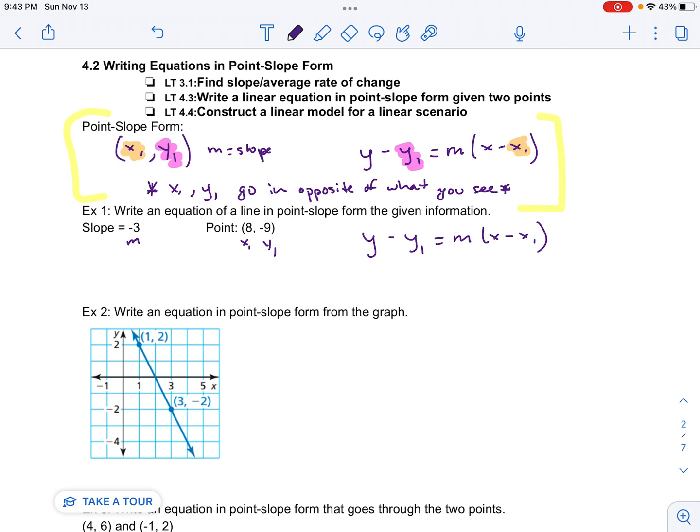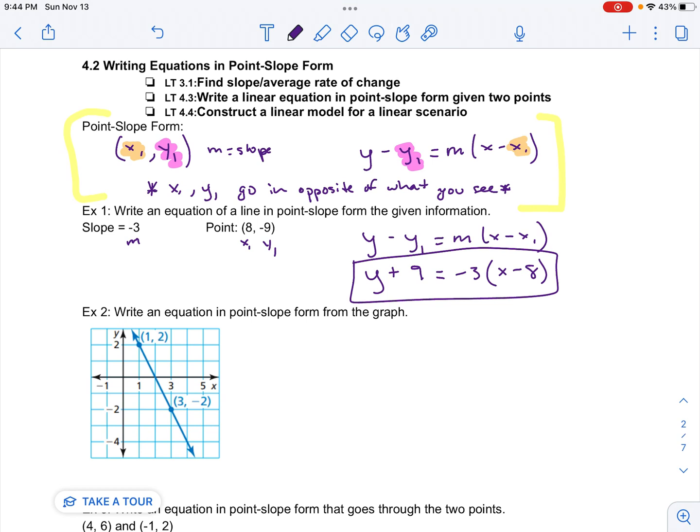Because y1 is negative 9, I'm going to change this to a plus 9. It is opposite of what I see. My m stays the same, and then because x is positive 8, I'm going to have it as minus 8. So that goes in opposite of what I see.